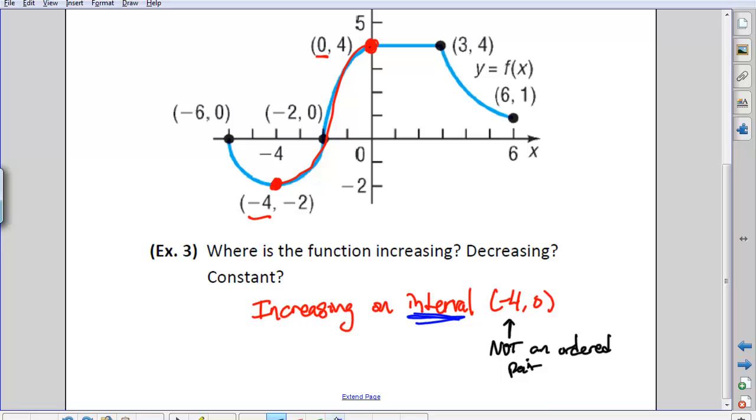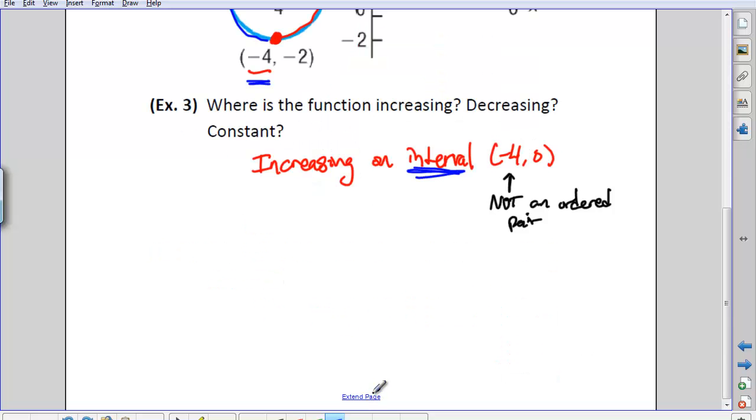Okay, so that's increasing. Where is this thing decreasing? Okay, right here, and also right here. You have 2 places where it's decreasing. So again, what are the x values? From -6 to -4.